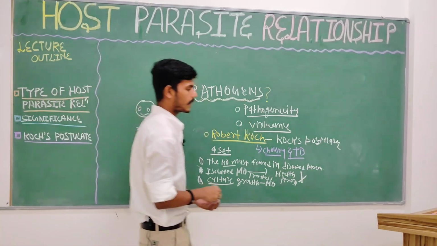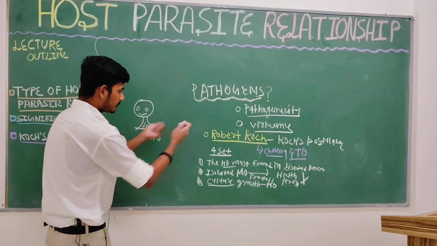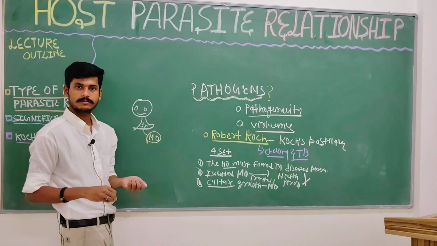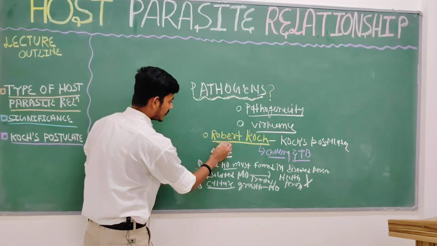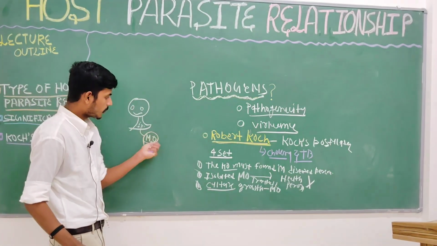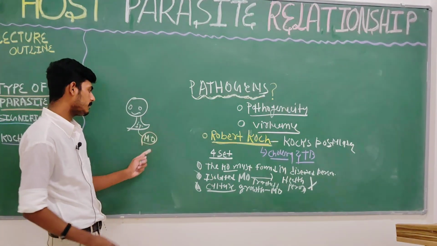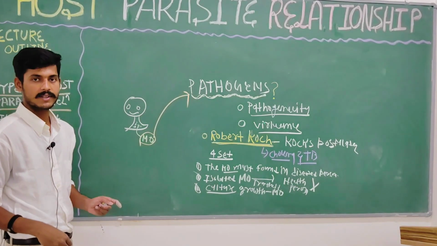We detect some microorganism, and now how can we say these microorganisms are pathogenic? So Robert Koch provided some postulates. If this microorganism satisfies all those postulates, then only we can say these microorganisms are pathogenic in nature. By nature, they are a pathogen.